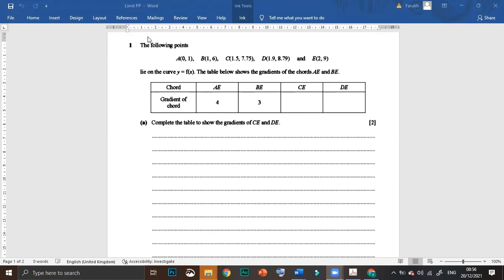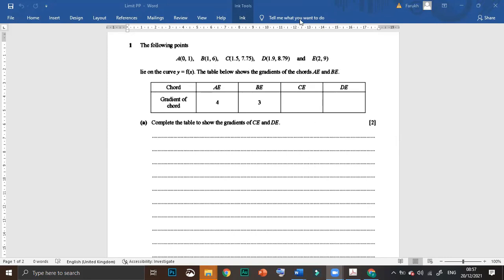Okay. The following points: A is (0, 1), B is (1, 6), C is (1.5, 7.75), D is (1.9, 9), E is (2, 9).